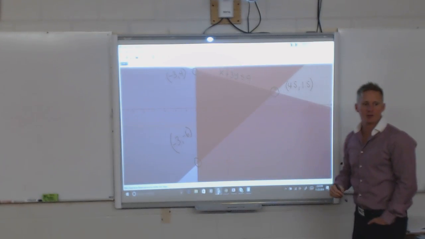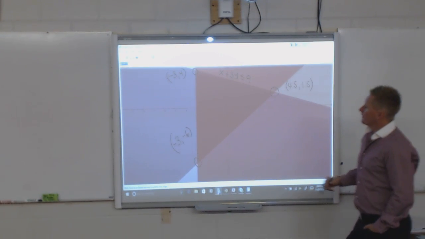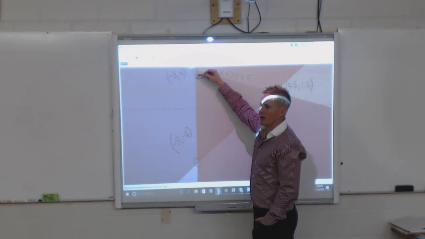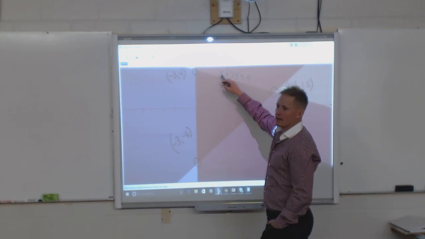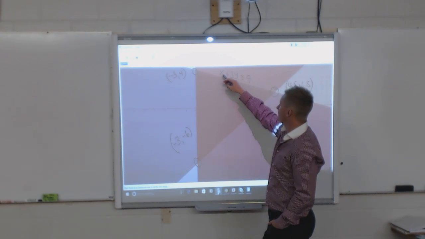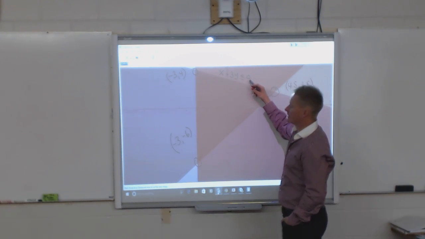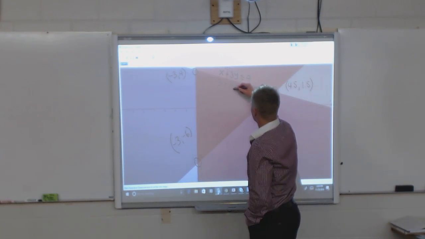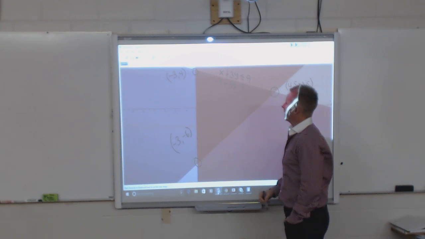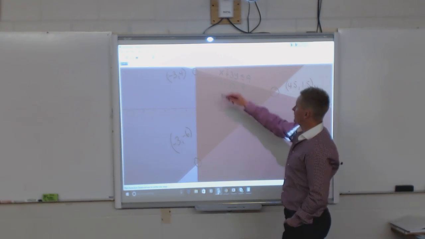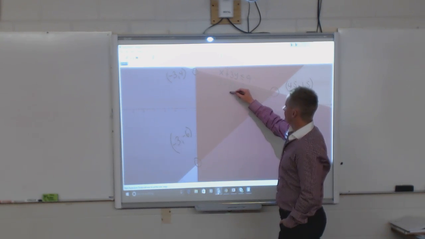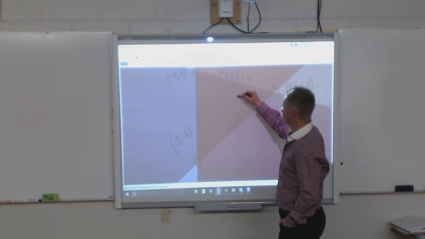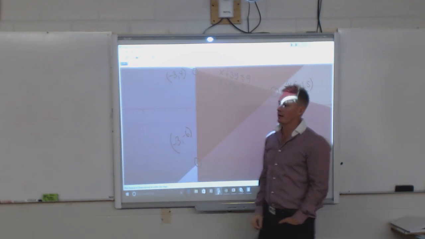I know that it's intersecting where x is equal to negative 3, so I put negative 3 in here: negative 3 plus 3y is equal to 9. I want to find out where these two lines are equal to each other. Add 3, that gives me 12, and 12 divided by 3 is 4. So that gives me the 4 there.